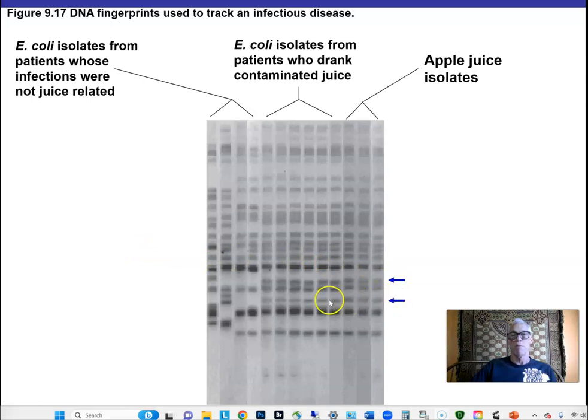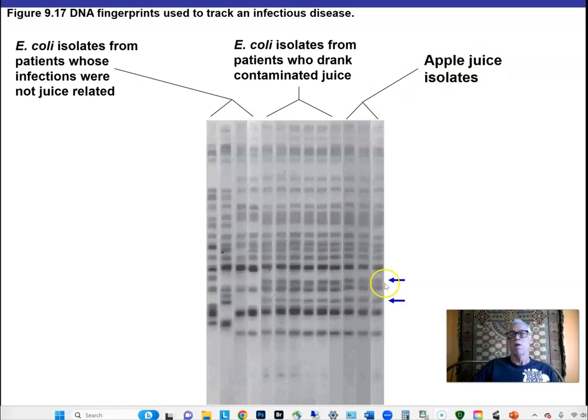Sure enough, some telltale bands you can see right here and right here that are only in the E. coli isolated from people who got sick by drinking contaminated juice. All these lanes right here, and you can see that those unique bands are not present in the control samples. And here's some apple juice that was potentially the source of the sickness.